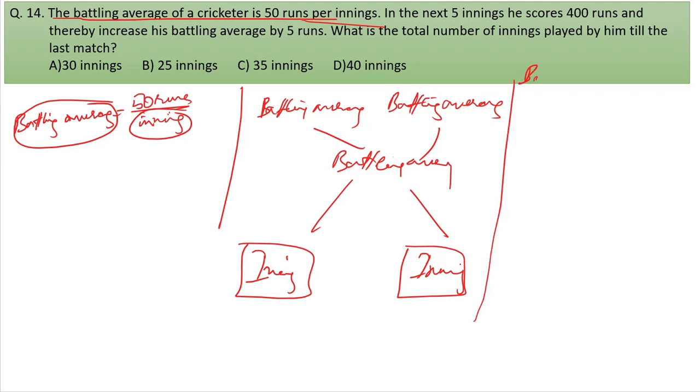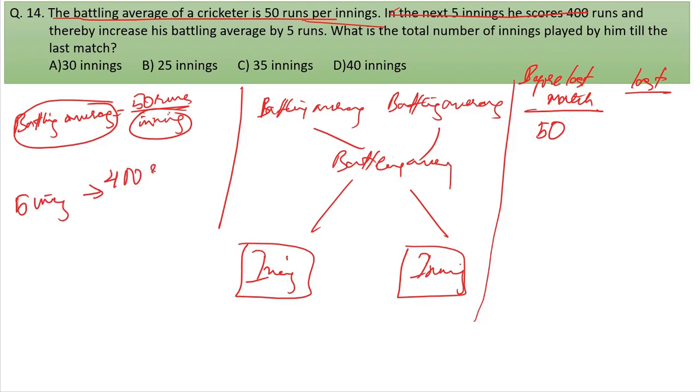Let us use this diagram here. Before last match, I'm going to write here before last match, and then here last match. Before last match, his batting ratio was 50 runs per innings, and then in the next five innings, we have 400 runs.